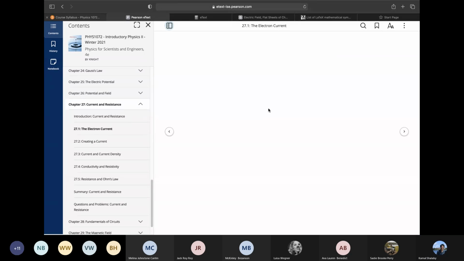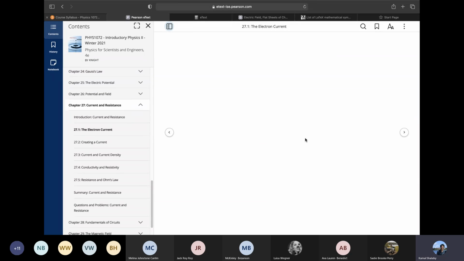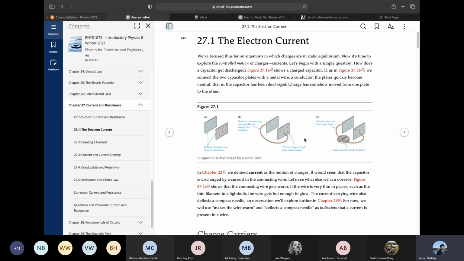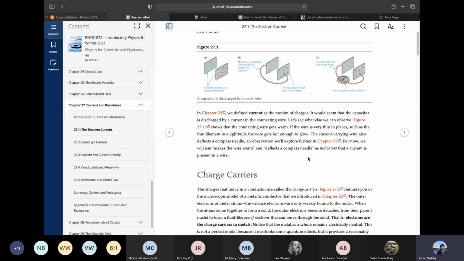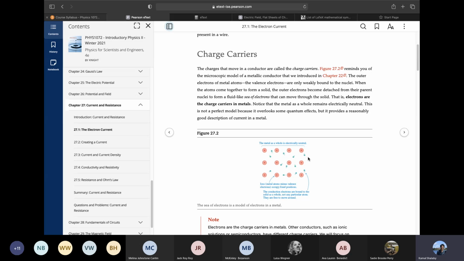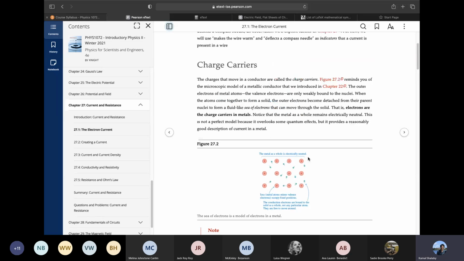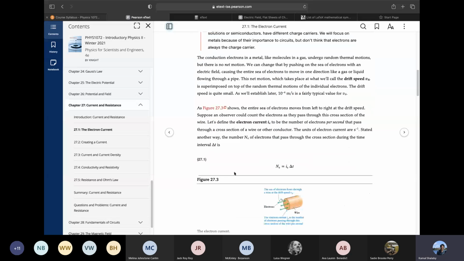There we go. Okay, so the first thing we find is that the number of electrons is equal to I_e, the current, multiplied by the time.